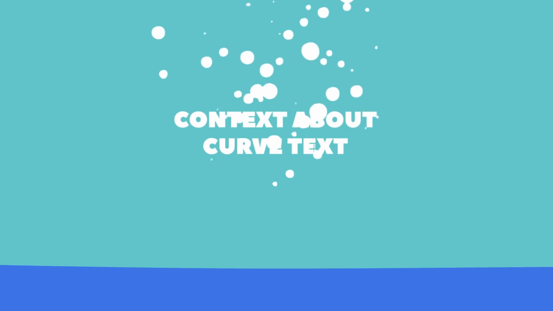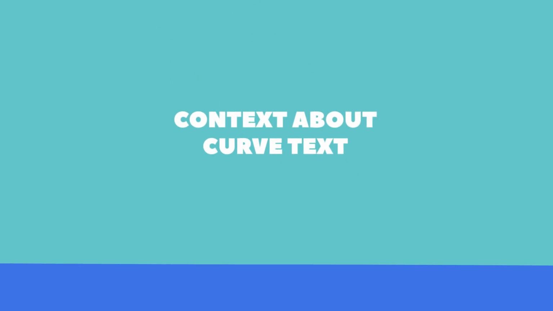All right, so let's start with curved text and a bit of history about curved text. I did some research in the Canva groups, the Canva communities, to find when our users first started asking about curved text. I went way back in time, and I found messages from 2016, but also from 2017, 2018, 2019, and 2020.